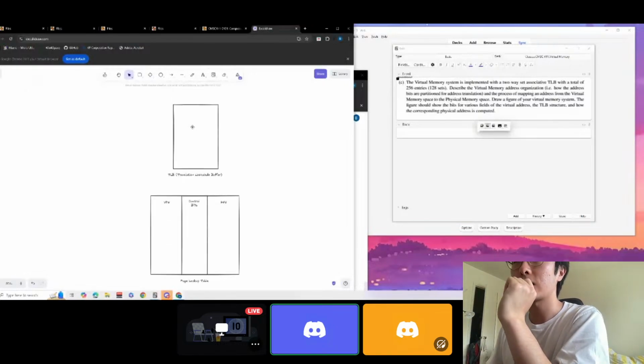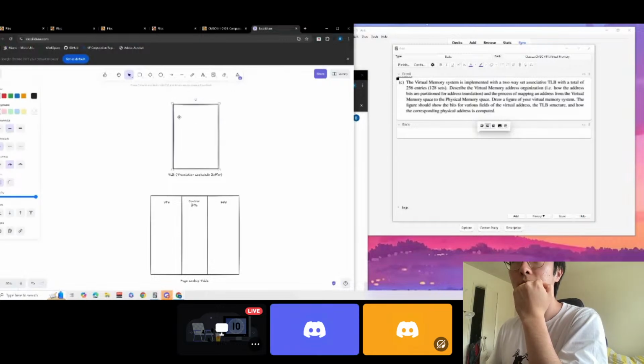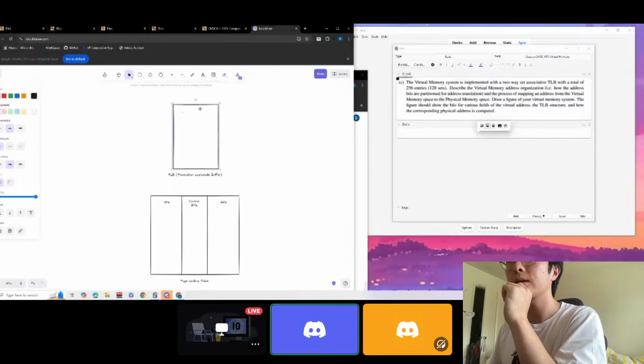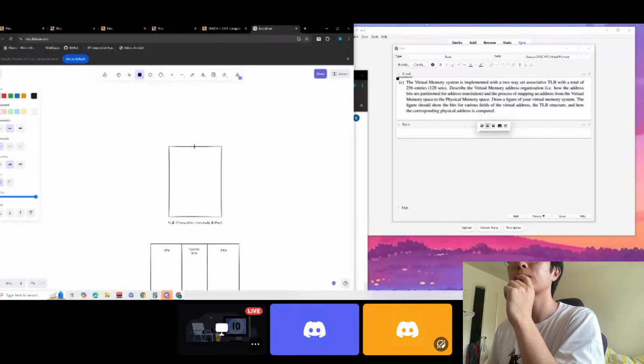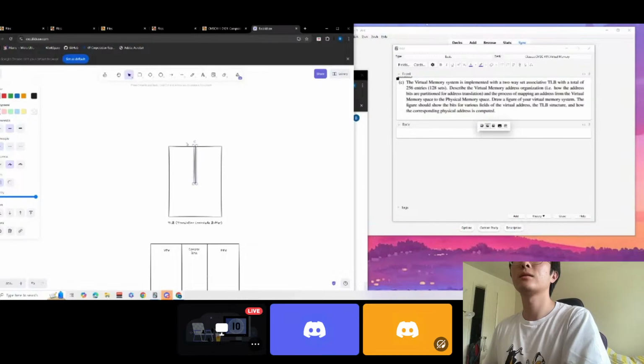I have to double check. I feel like this is probably going to be the same as any regular cache. We have, in this case, two sets. So we could have our index. Okay, wait, let's just split this down the middle first.